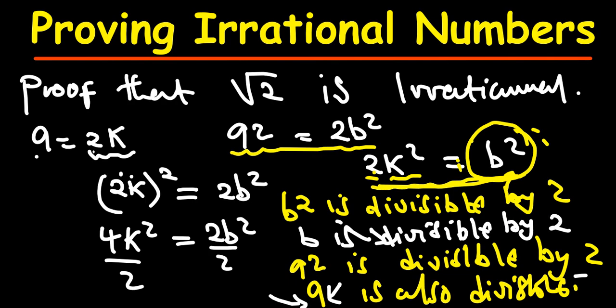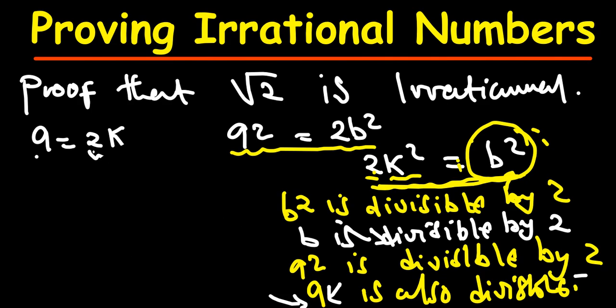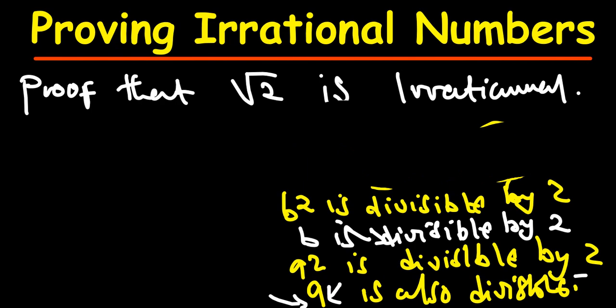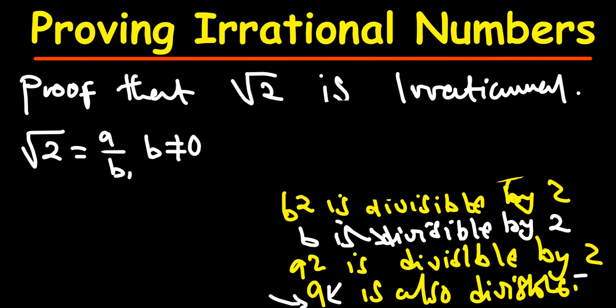But remember our initial assumption, let me write it here. We assumed that the root of 2 equals a over b, where b was not equal to 0, and this a and b were in their lowest terms.